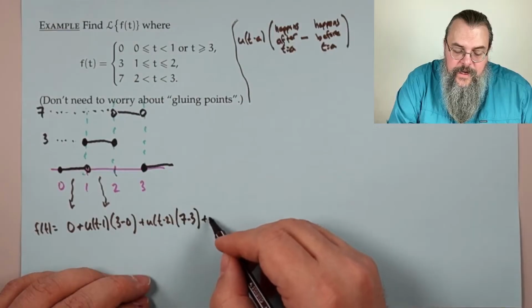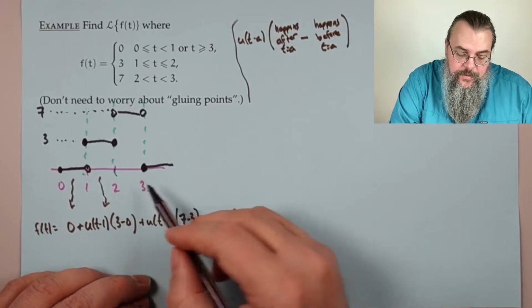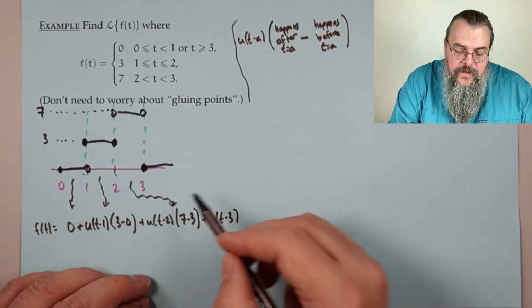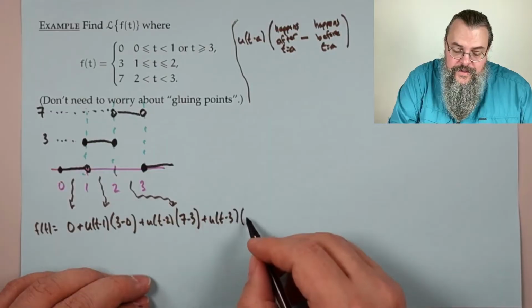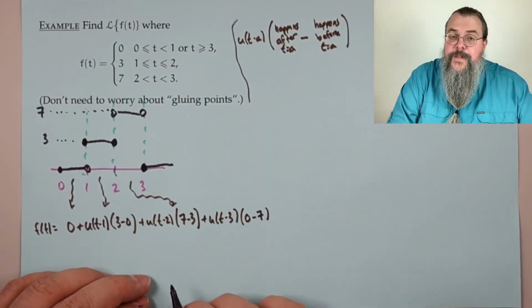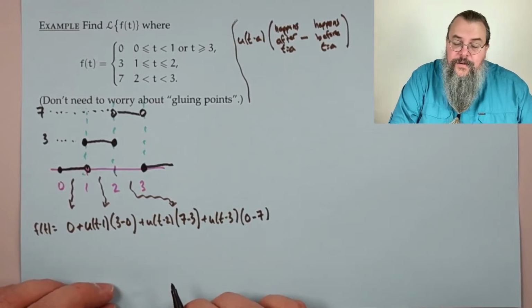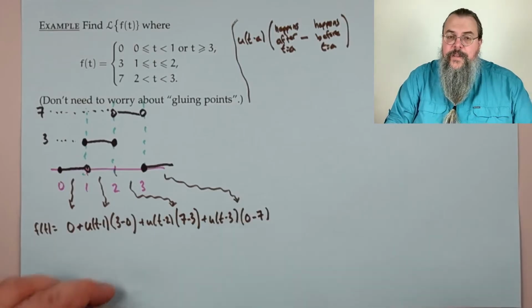Then finally, u of t minus 3, that's our last place where we change behavior. We say, okay, what are we after? We're 0. What are we before? We were 7. So 0 minus 7. All right, and that's our last piece there.